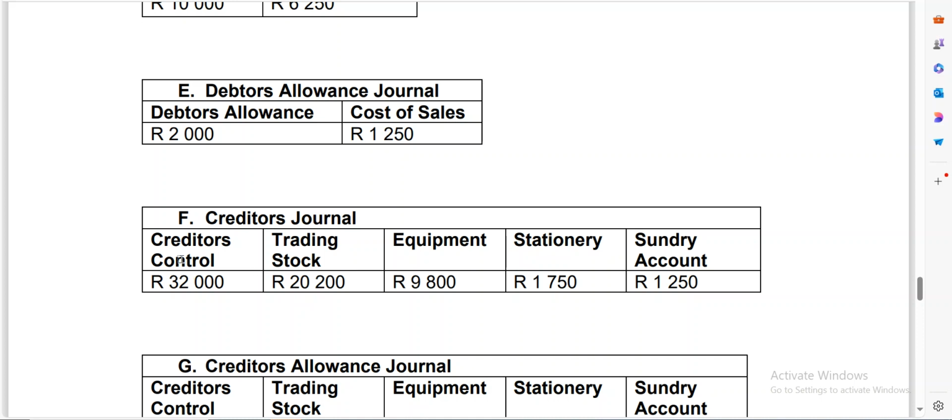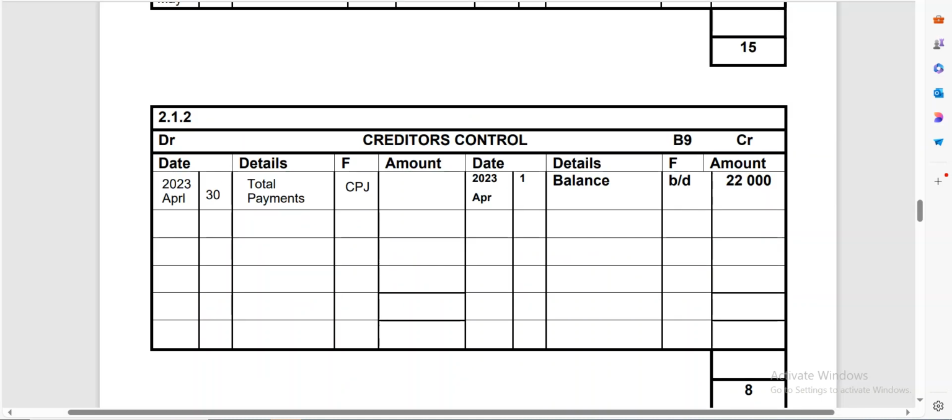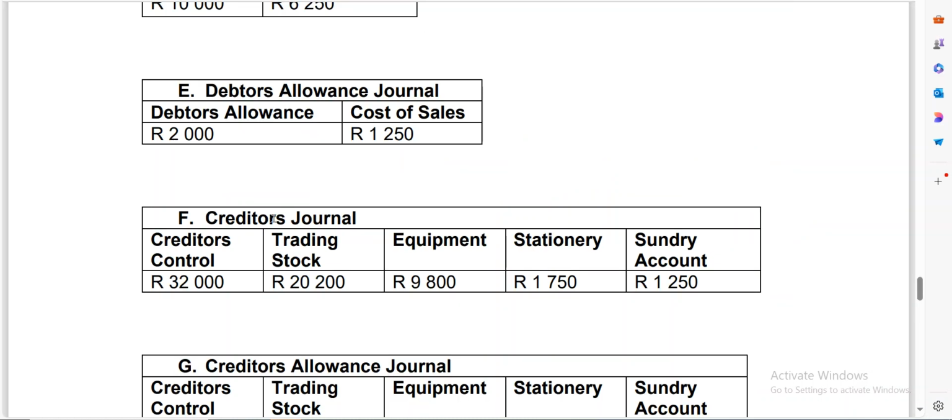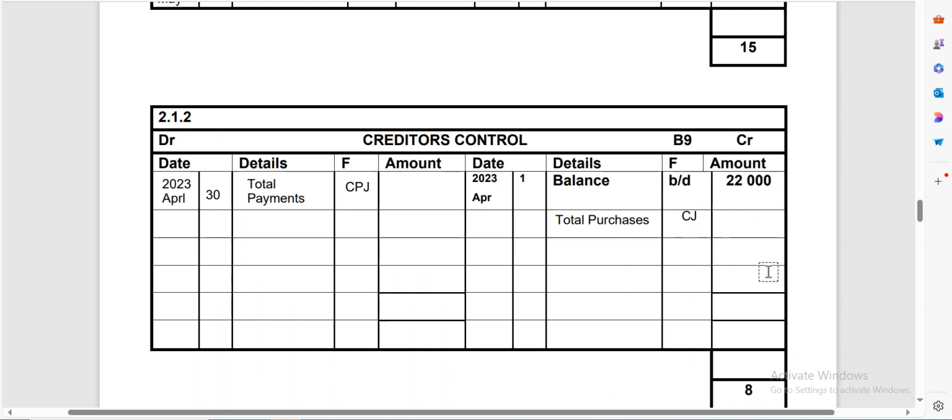All you have to do is to say total purchases. So we'll come this side and say total purchases, and then the amount. Where did we see this? We saw this in the creditors journal. The amount that we are talking about for those credit purchases is 32,000. So that 32,000 will come here.